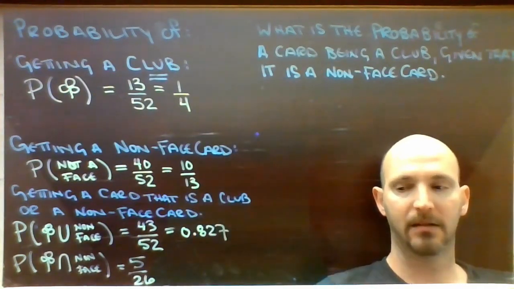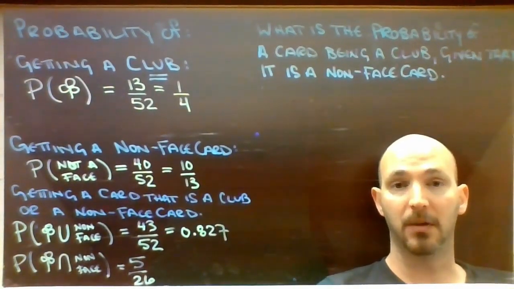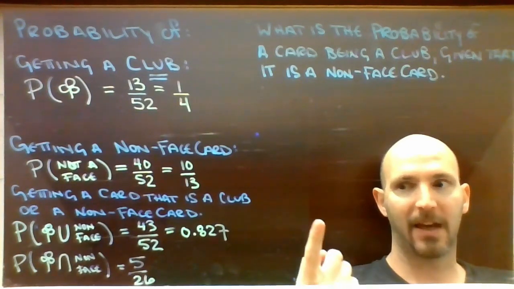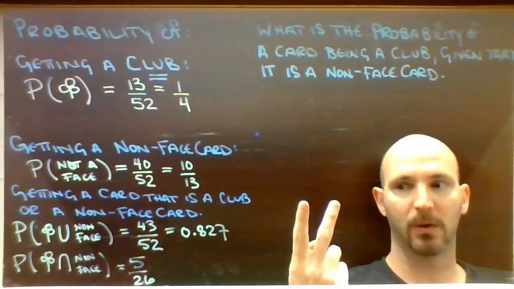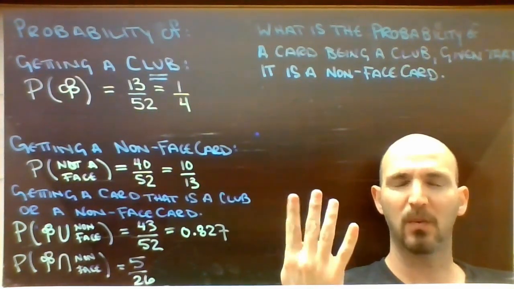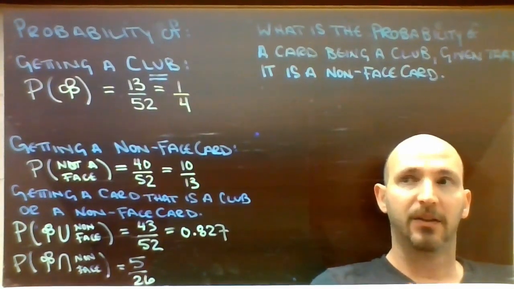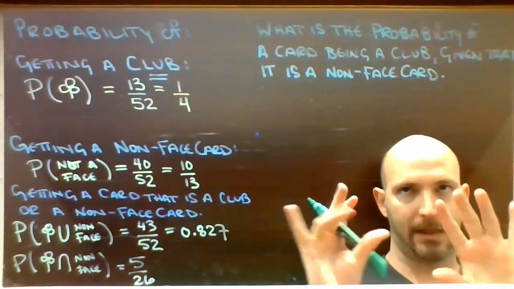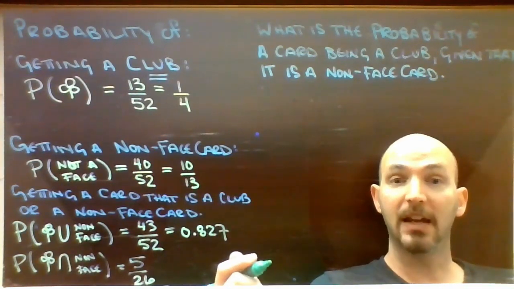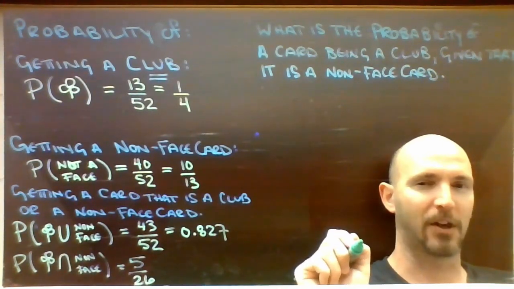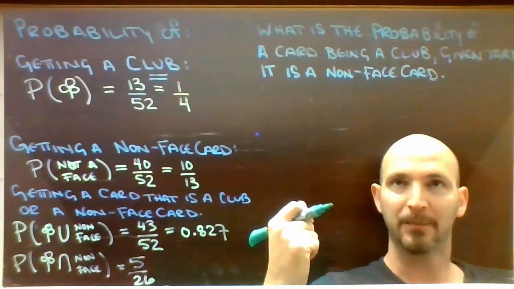This is an 8. What's the probability of it being a club? Well, it's either the 8 of clubs, or diamonds, or spades, or hearts. So it should be 1 out of 4. That's the answer we should arrive at. So if we can try and bend this calculation and the notation to get 1 out of 4 as our answer, then we will have succeeded.